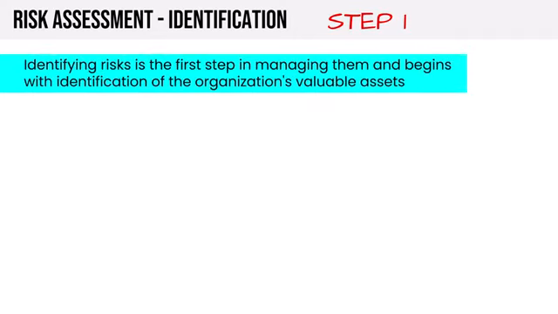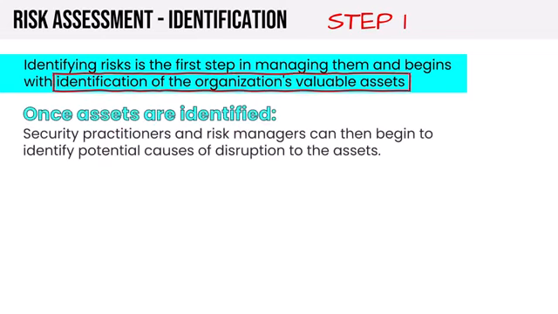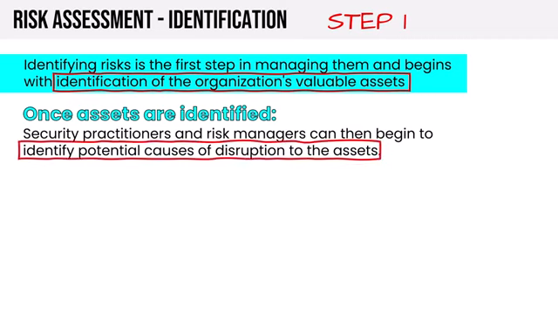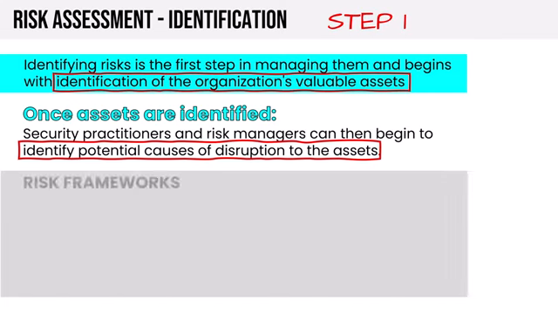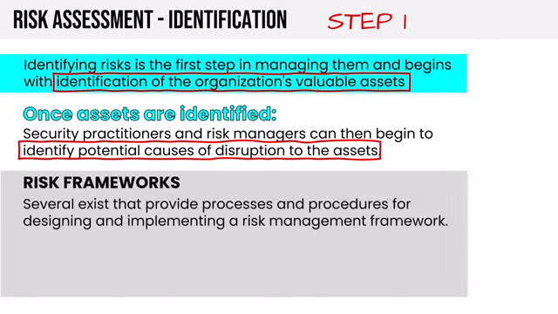Identifying risks is the first step in the risk management process. And to identify risks, we first need to identify the organization's valuable assets. Once we have identified our assets, then we can identify potential causes of disruption to those assets. There are actually some risk frameworks that can provide us with processes and procedures and give us a more systematic and consistent approach.